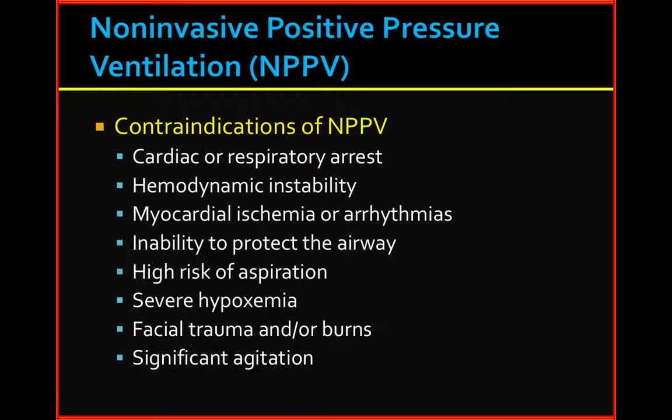Now, we can do it at a certain rate. We can do this fast, and we can do it slow. In other words, how many breaths per minute. We could also adjust the flow rate. So in other words, yes, we can put a certain volume in, but we can give that volume slowly, or we can give that volume very quickly.